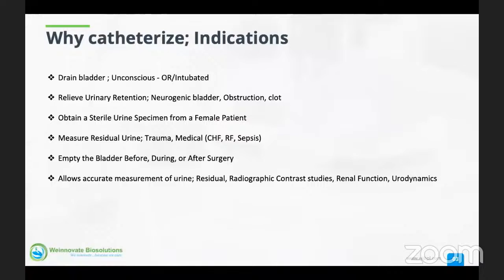The primary aim of catheterization is draining urine, mostly for patients who are unconscious or intubated, then relieving urinary retention in cases of neurogenic bladder, obstruction or a clot, obtaining a sterile urine specimen from a female patient, measuring residual urine, in trauma patients, in medical conditions like congestive heart failure, renal failure or sepsis, emptying the bladder before, during or after surgery, and allowing accurate measurement of urine.